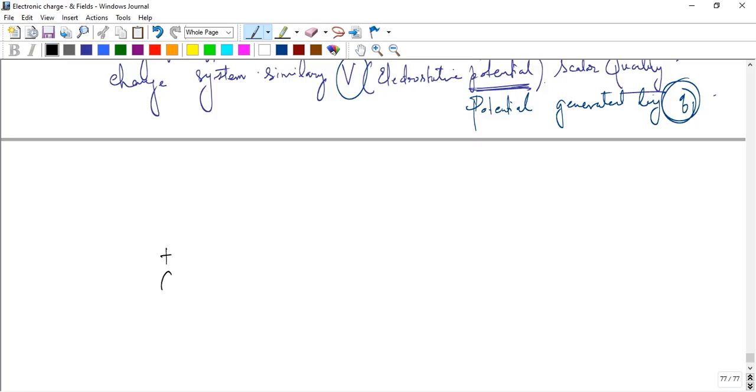So there is some source charge capital Q, and now you bring a test charge from R to point P. The test charge at point P is a small q, positive small q.